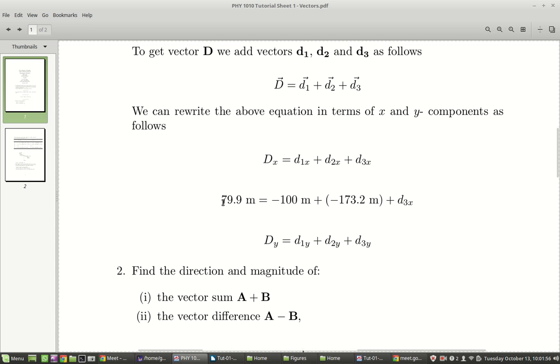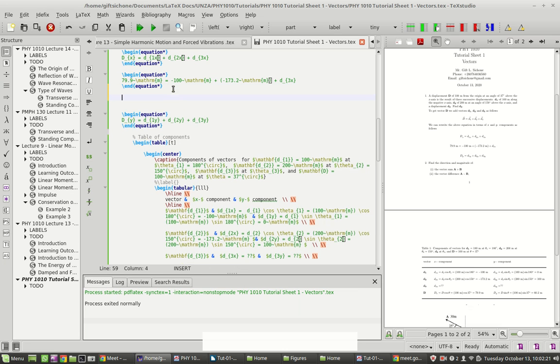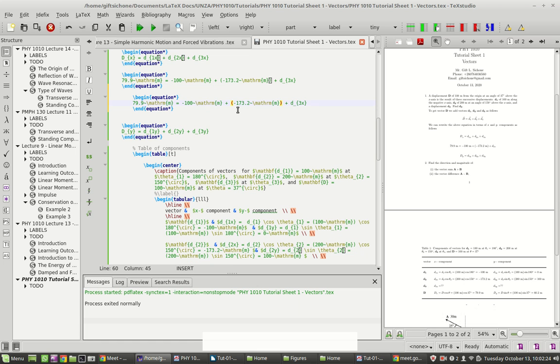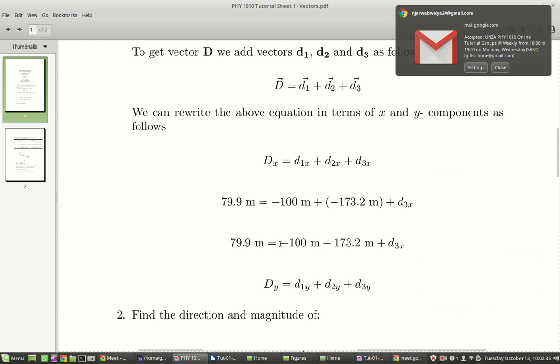So dx is 79.9 meters. Then d1x is minus 100 meters, plus d2x is minus 173.2 meters, plus d3x. Do you agree? Yes, sir.